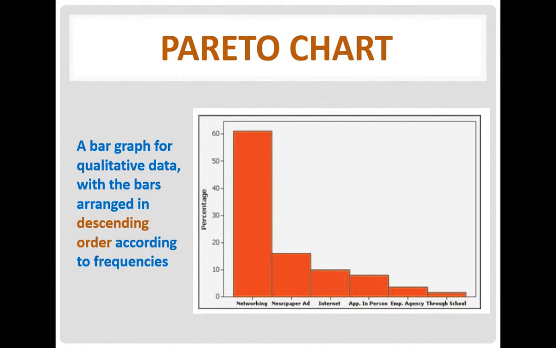So a Pareto, you may even possibly need to draw it. You will definitely have to know, if I say, hey, what chart is always in descending order, immediately you say what? Pareto. Okay. All right. And you've got one in your notes as well. So yes, any questions over bar graphs and then specifically a Pareto chart?